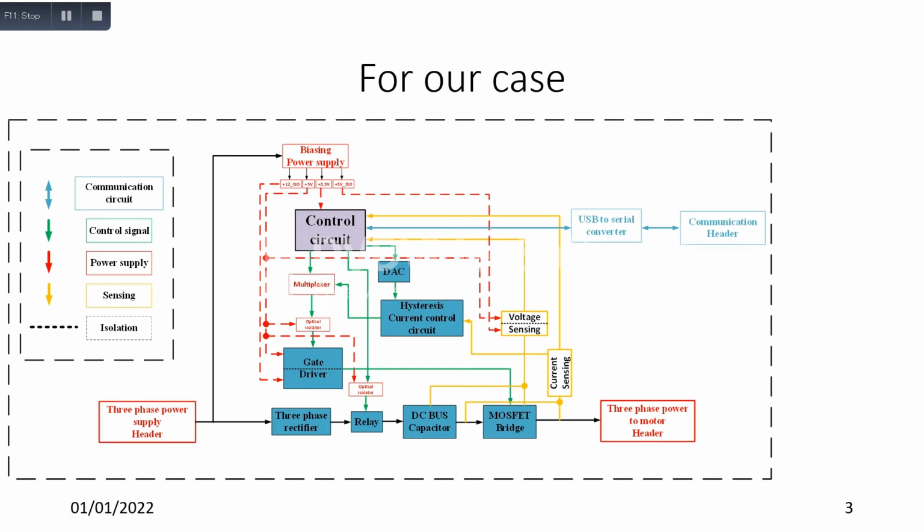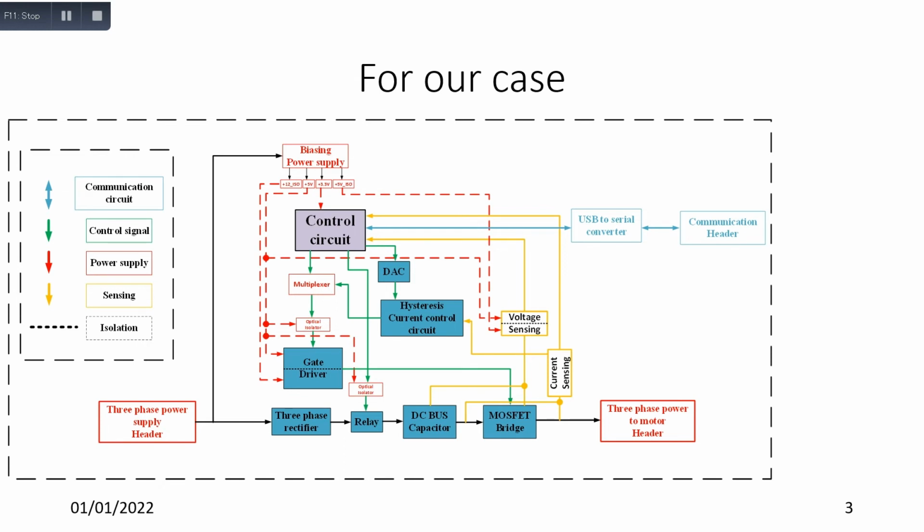The control circuit unit in this block diagram can communicate with another system using the USB communication port. The system also has a voltage and current sensing unit. This unit senses current and voltage at the DC bus and MOSFET bridge.